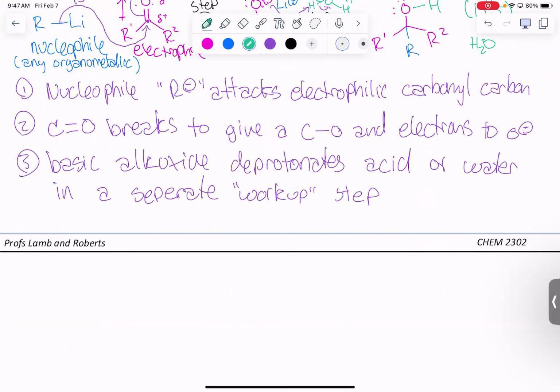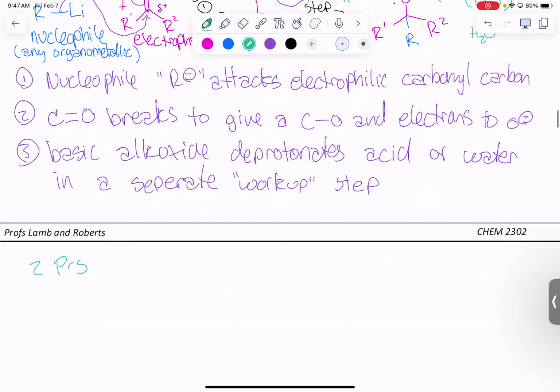So let's talk about what the two P's are for this. So we have step one. This is your organometallic reagent and your electrophile.